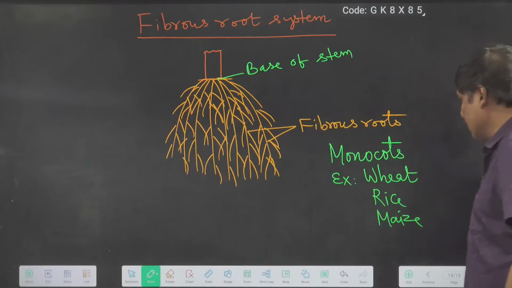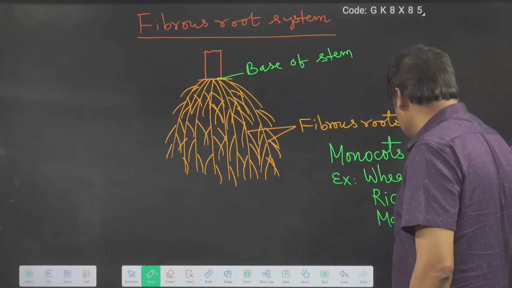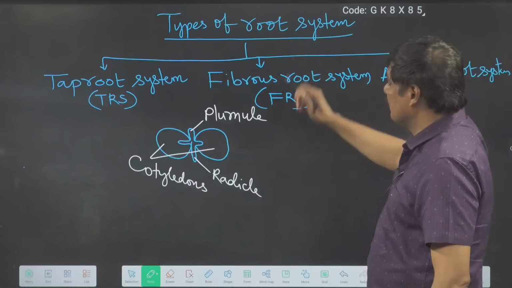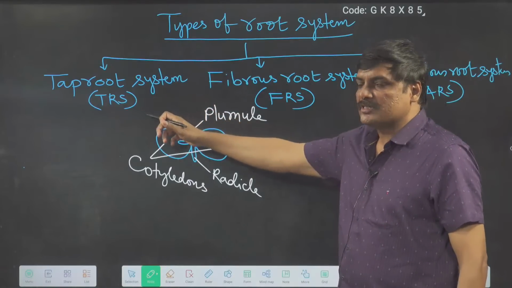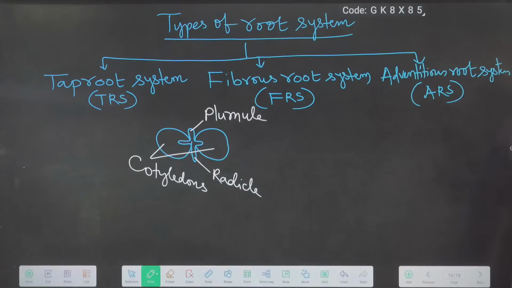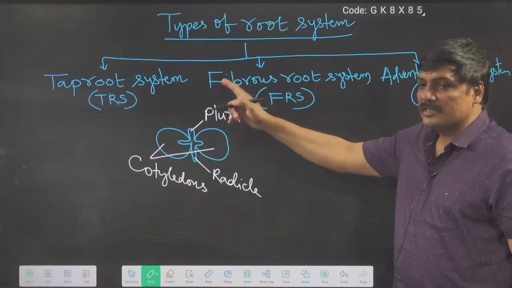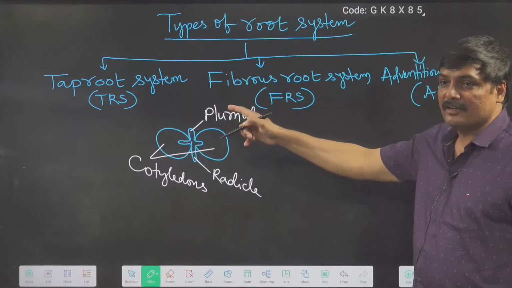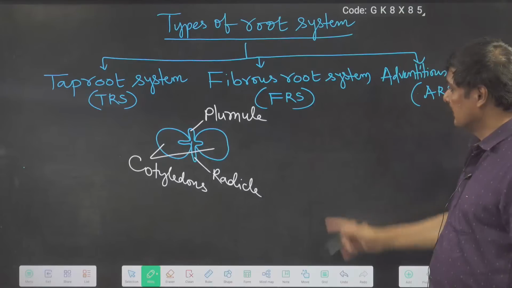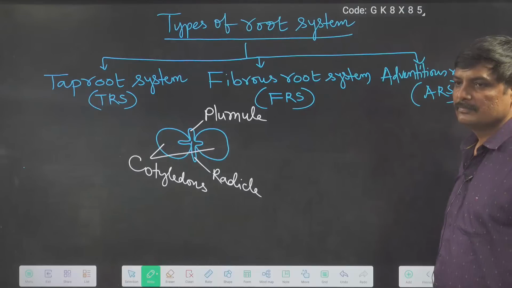And the third one is adventitious root system. Okay, see all of here. There are three types of root systems: tap root system, fibrous root system, adventitious root system. I told you already what is tap root system. It is present in dicot plants. Fibrous is present in monocot plants.